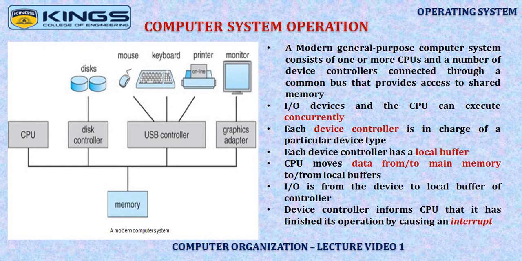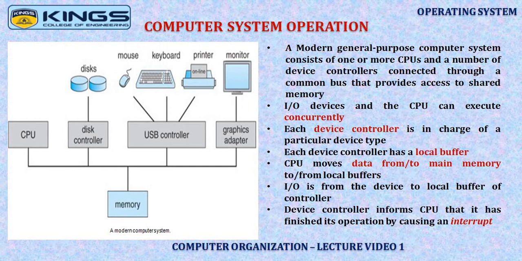The processor and device controllers are all connected through a common bus. And this communication bus or the common bus will help the CPU and the I/O devices to access the memory unit of the system. I/O devices and CPU can operate concurrently. They execute at the same time. CPU can move data from the main memory to the local buffer.